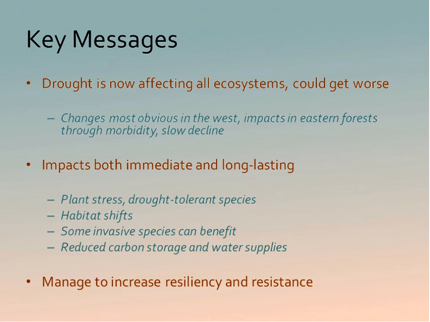Those are impacts that are hard to observe directly, but clearly are going on. The role of invasives. This really varies by region as to how important invasives are, but those are clearly influenced by climate. And also its effect on carbon and water. So these are additional impacts we'll be talking about.